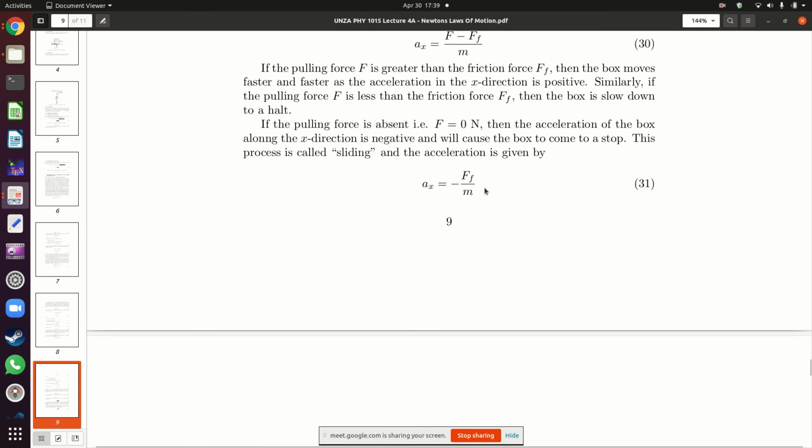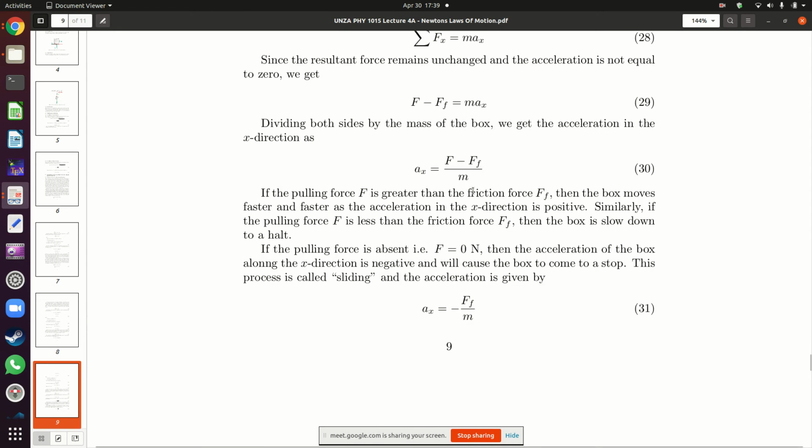Okay. Are there any questions so far on the movement of a box on a flat horizontal surface? Whether that box is motionless, or moving with constant velocity, or moving with some acceleration, whether it is being pulled by a force which is greater than friction, meaning that the box velocity is going to increase, or whether the box is sliding to a stop.